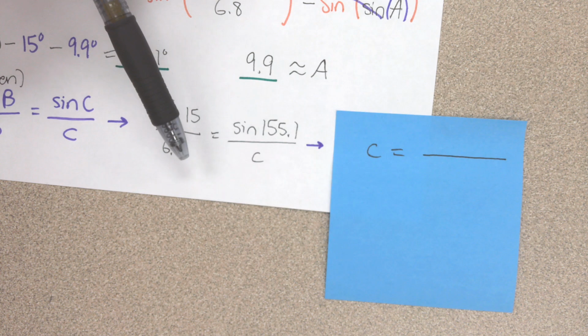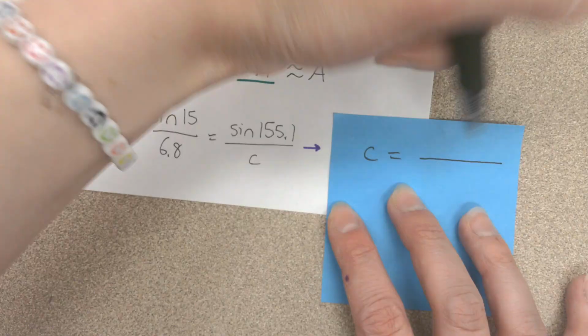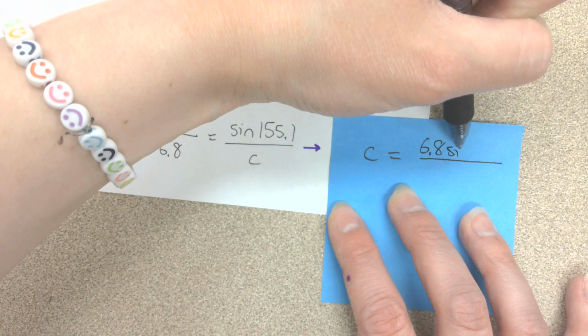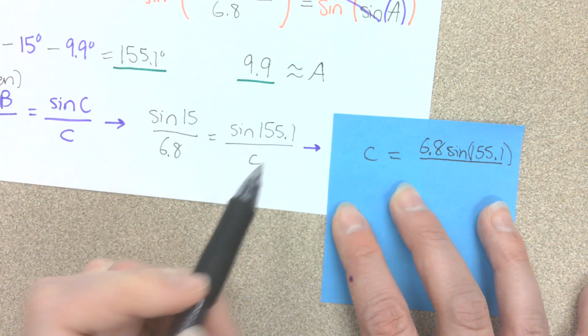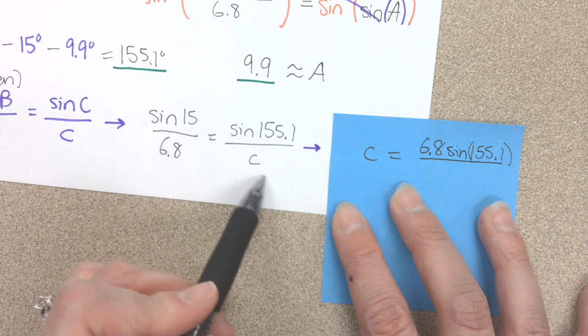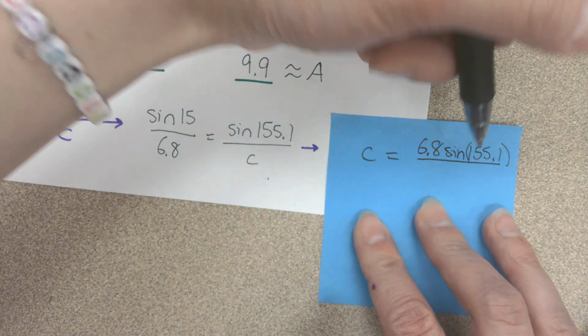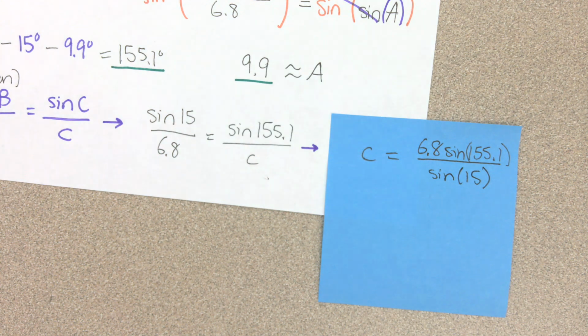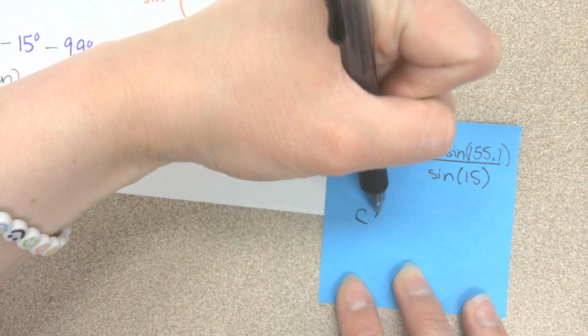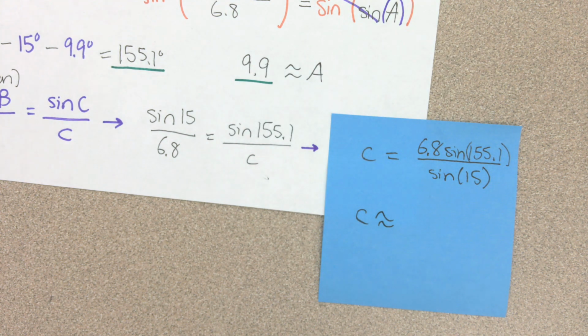Those are going to be multiplied on the top of the fraction. 6.8 sine of 155.1. And then the extra sine function that is paired with the c, it's going to get divided on bottom. So if I cross multiply and do the algebra, that's what I'm going to end up with. I'm skipping that work. If you need to write it out to convince yourself this is correct, then do that. And then we'll use our calculator and round to the nearest tenth to get our answer for C.